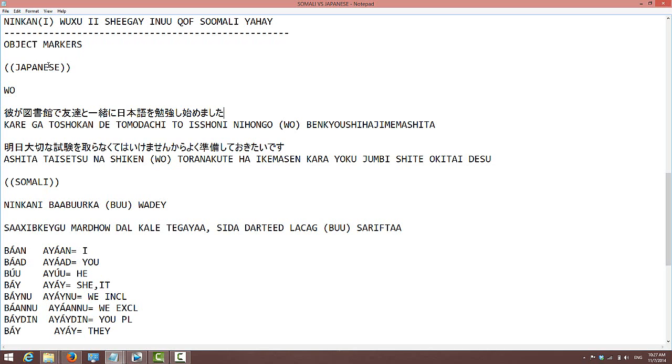And that's our focus here, object markers. So after Nihongo, you add o, you need the o after the object, and then you get the verb. Benkyou shi hajimemashita. Started to study. I'm not going to break this down because I did before, but that's beginning to study. So he started to study in the library together with his friend. So this is our focus. O here. That's the object marker.